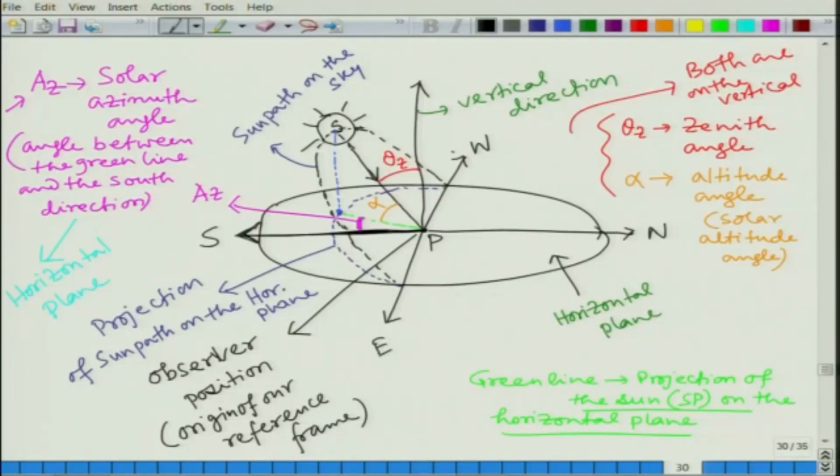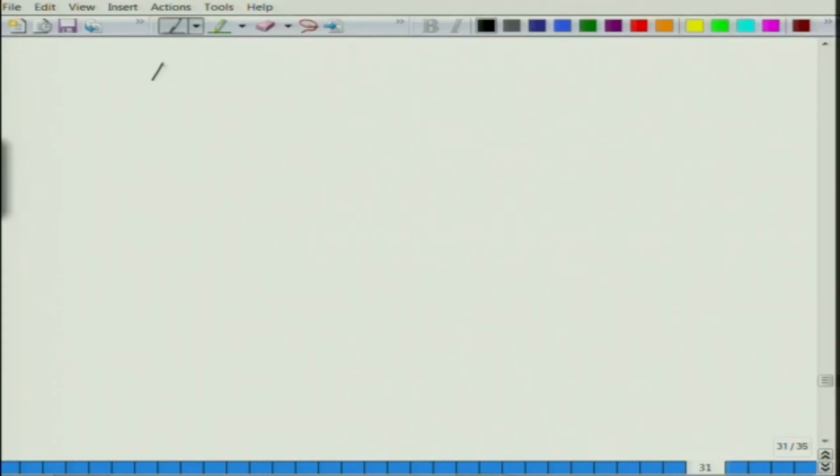So, that is your solar azimuth angle. Okay. Now, let us change the reference frame itself. Why do we need to change the reference frame? An observer position is not universal. What do we mean?